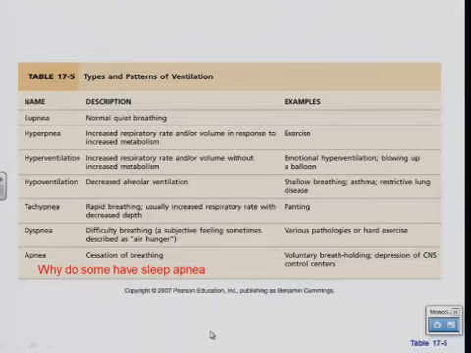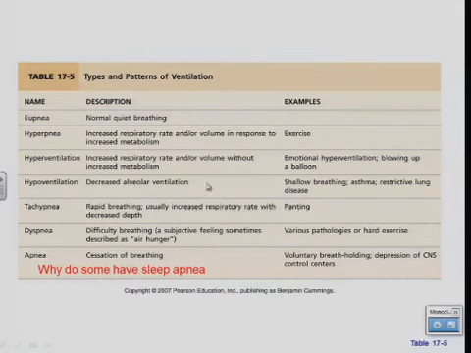Other ventilatory breathing patterns we referred to were hyperventilation and hypoventilation. Make sure you understand the relationship of these relative to alveolar ventilation, but not only that, also what happens to the partial pressure of oxygen and the partial pressure of CO2 in the alveoli and the arterial circulation if we do hyperventilation or hypoventilation.